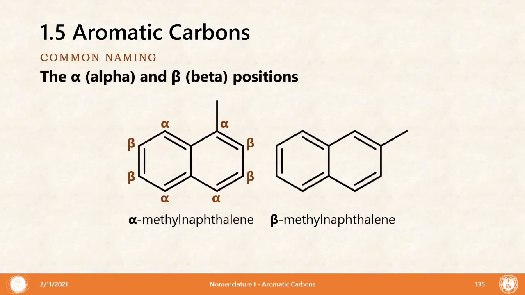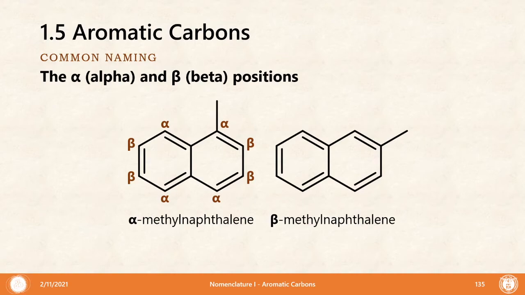Okay. In common naming, much like in benzene where we have the ortho, meta, and para positions, in naphthalene we have what we call the alpha and beta positions. The alpha positions, notice they are closer to the bridgehead. So they are the positions 1 carbon away from the bridgehead. While the beta positions are the positions 2 carbons away from the bridgehead.